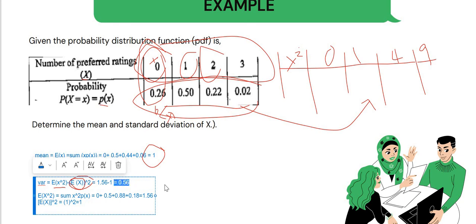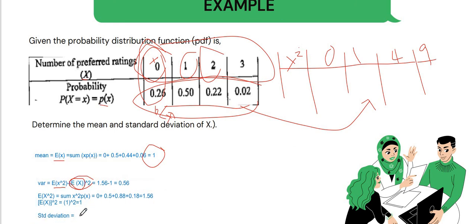Okay, but your question asks you to find the standard deviation. So what's meant by standard deviation? Standard deviation means you just square root of it.